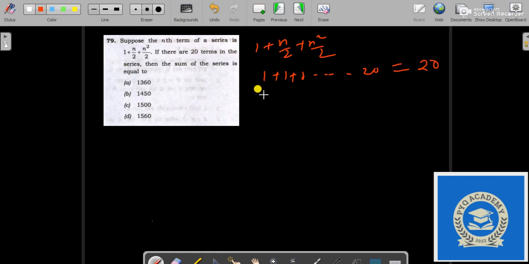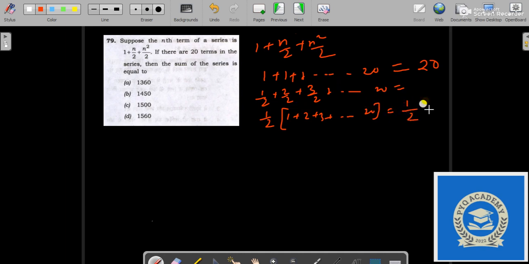Now take 1 by 2 plus 2 by 2 plus 3 by 2 and so on, 20 terms. Let's take 1 by 2 common, so you will get 1 plus 2 plus 3 and so on up to 20. We know the formula for the sum of this series, which is n into n plus 1 divided by 2. We'll use this.